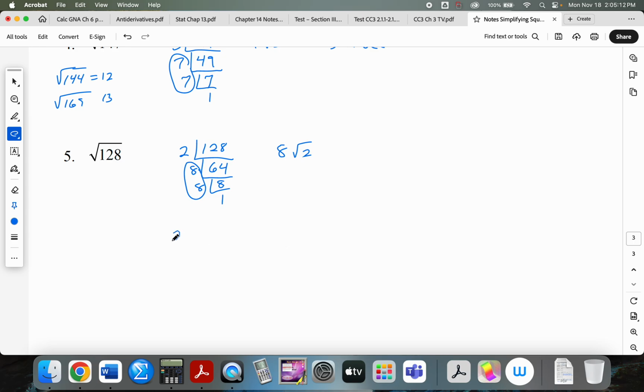If you don't do that, it still works. It just takes longer. We're going to divide by 2, and that's 32. Divide by 2, that's 16. Divide by 2, that's 8. Divide by 2, that's 4. Divide by 2, that's 2. Divide by 2, that's 1. So that's 2 times 2 times 2.